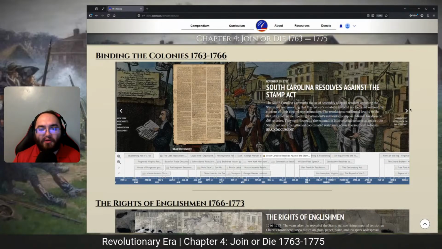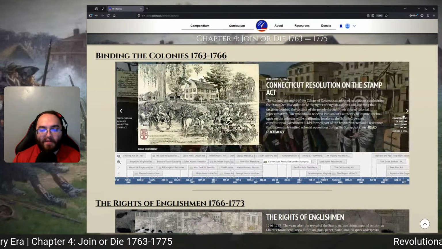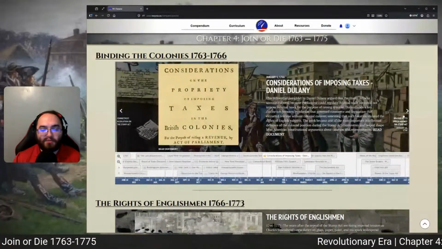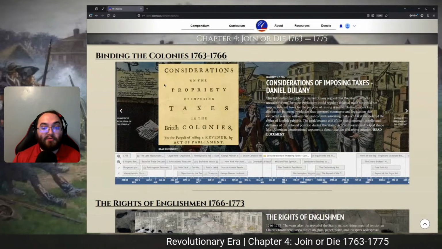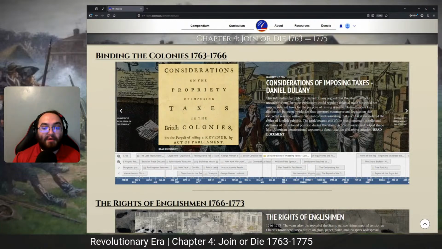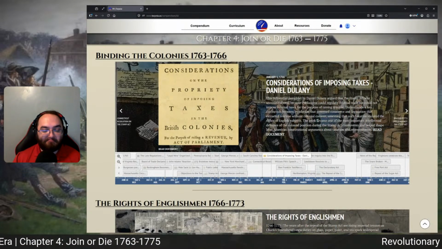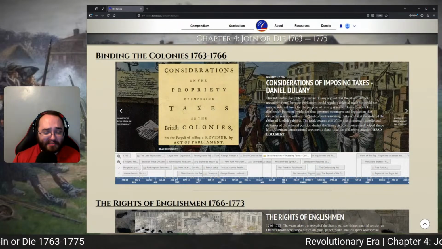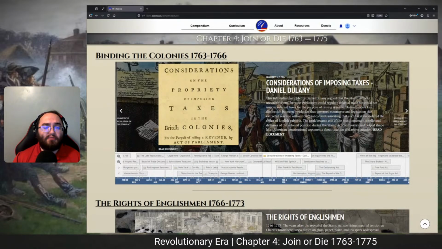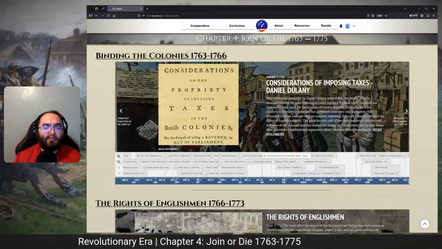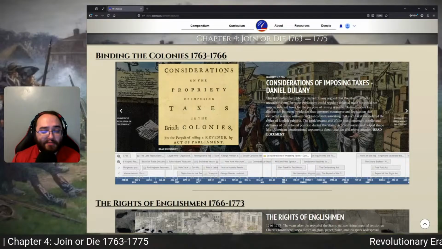You have South Carolina resolves against the Stamp Act. Connecticut will send its own resolves. And here's a very interesting read. Considerations of Imposing Taxes by Daniel Dulany. And he writes this long, beautifully written essay on why taxation must be done through representatives with the consent of those taxed.